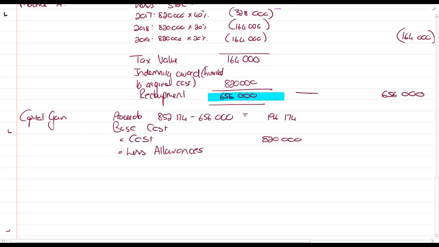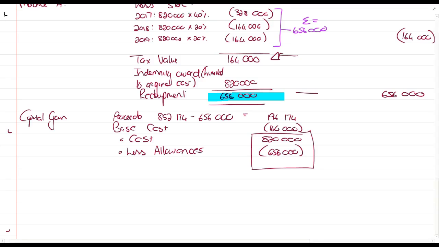The sum of the allowances over there. Right, gives us a base cost of 164,000, which is obviously equal to our tax value.